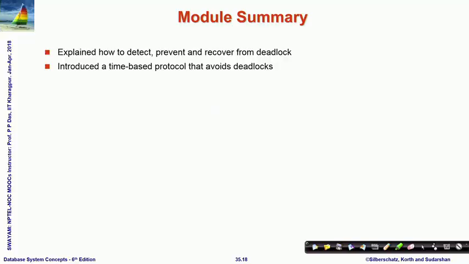And in case deadlock has happened, we have discussed a simple wait-for graph data structure and algorithm to be able to detect that the deadlock has happened. Once this has been detected, we have talked about a basic strategy to recover from that, that is, how do you decide what is a good candidate victim transaction which should be rolled back, which should be aborted.